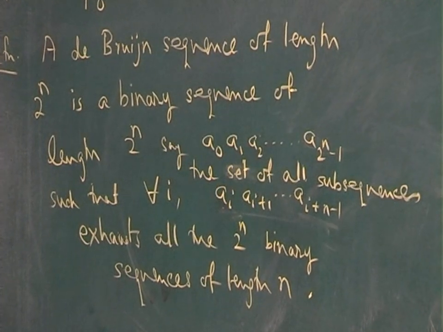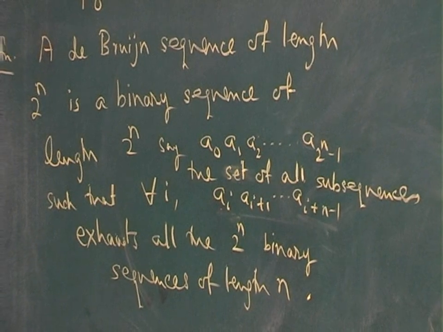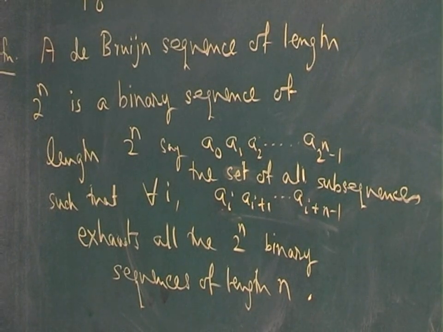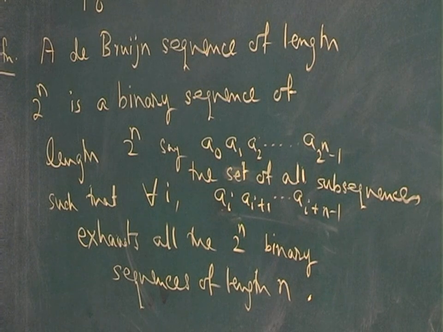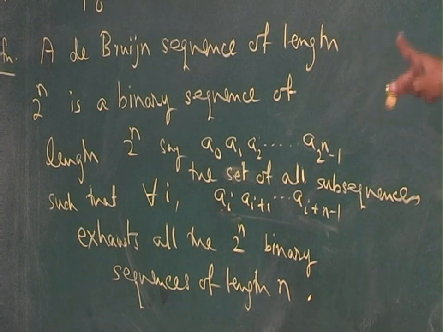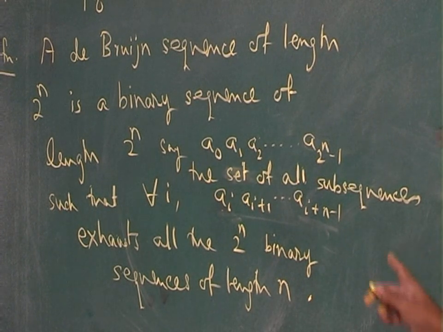If you take any pair, the possible pairs, the possible n tuples, n is equal to 2 in that case, possible ordered pairs, their number is 4, and all of them occur exactly once.